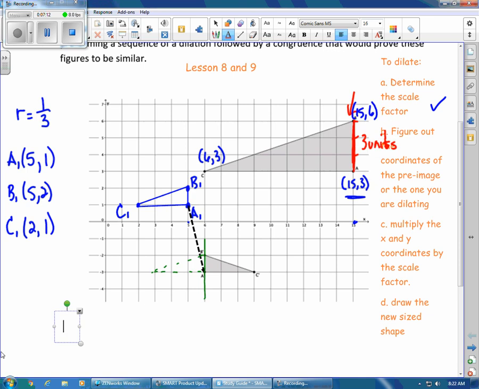So the first thing I did, I dilated triangle ABC by R equals 1/3.